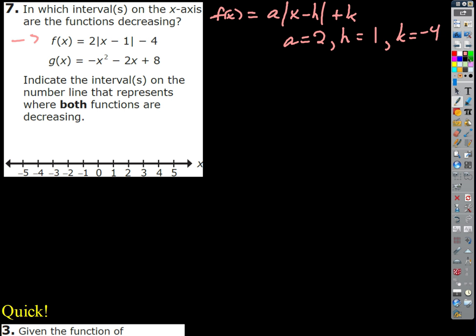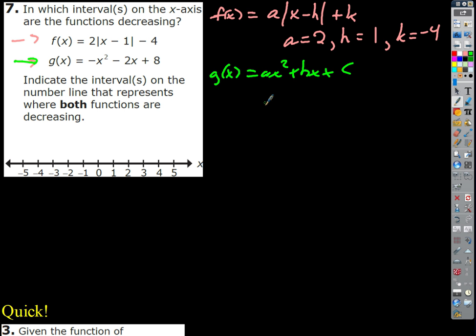Now how about this guy? Whoops, wrong color. How about that parabola? Okay, it's not written in vertex form, but if I want to get a sketch of this, all I need to know is what are the values of a and h and k, right? This is in standard form, isn't it? Right. So what are the values for g of x?